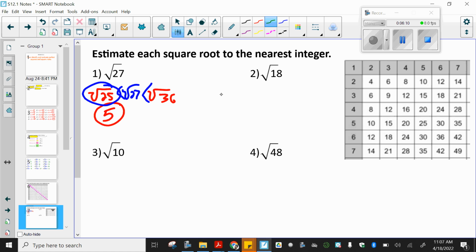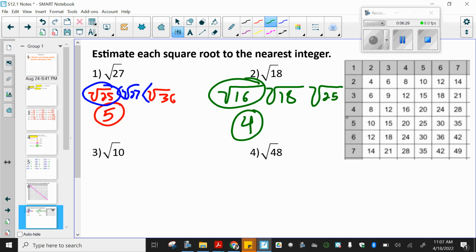Let's do that again. So now we have the square root of 18 in the middle. Down, the first perfect square from that is 16. The next perfect square up is 25. So we know that 18 is closer to 16. That makes our answer 4, because the square root of 16 is 4.